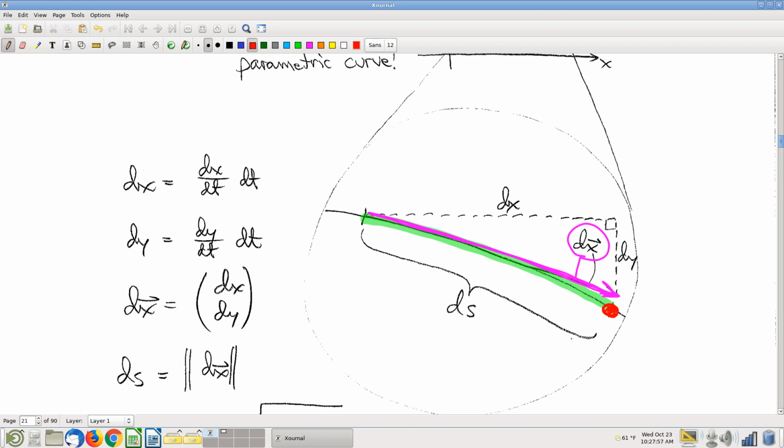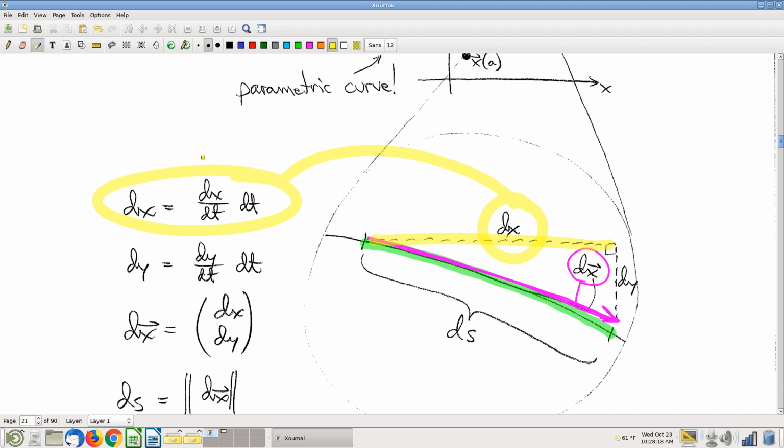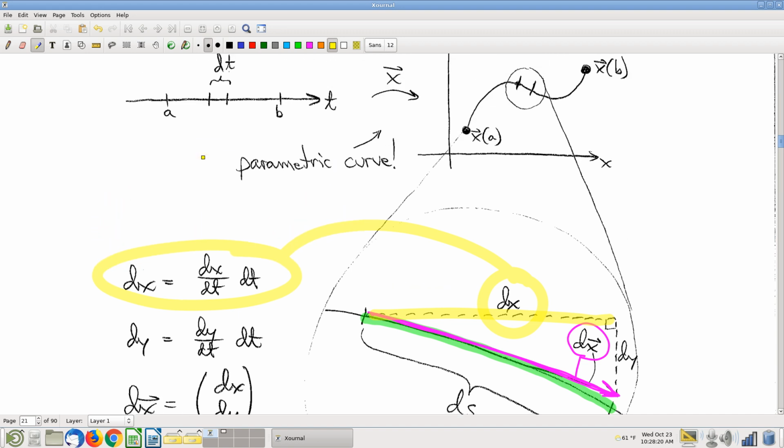Okay, so we want to understand dx. Dx has got easy components to understand. Let's look at the first component of dx. There it is. It's just how much does the first coordinate change? What's our linear estimate of how much x changes as t changes? Well, it's the derivative, right? This is a single variable calculus observation.